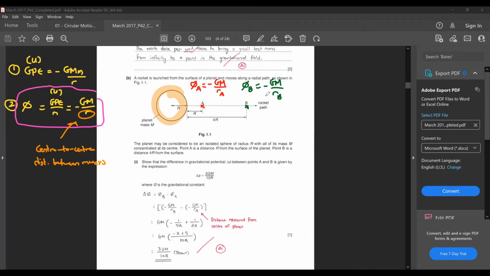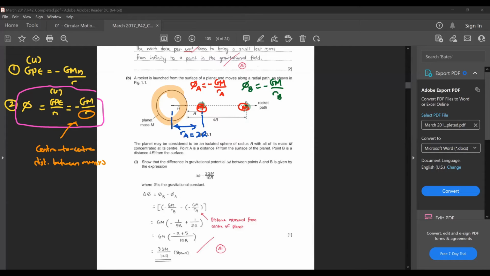But when they ask you to refer to points A and B, it's already understood that you will be placing a test mass at this point in order to test the point inside the field. So you actually have two masses here. In terms of the center to center distance, your center to center distance for RA would be this one, which is R plus R, giving you 2R.